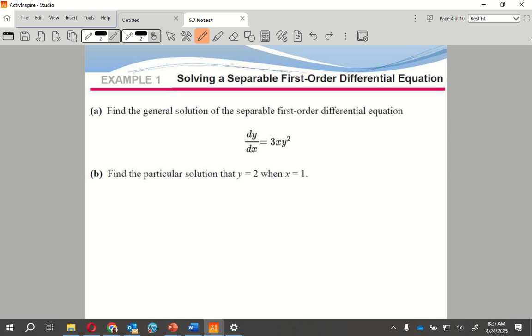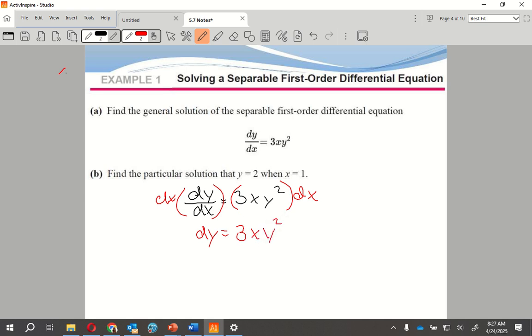So, given I have dy/dx equals 3xy squared, that means I want all the x's on one side and all the y's on the other. So I get dy equals 3xy squared dx. And then to get my y squared over to the other side, I'm going to divide both sides by y squared.